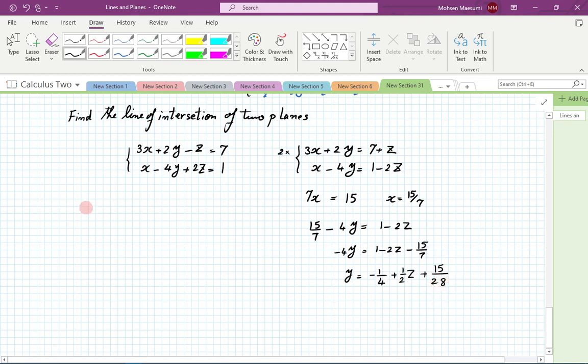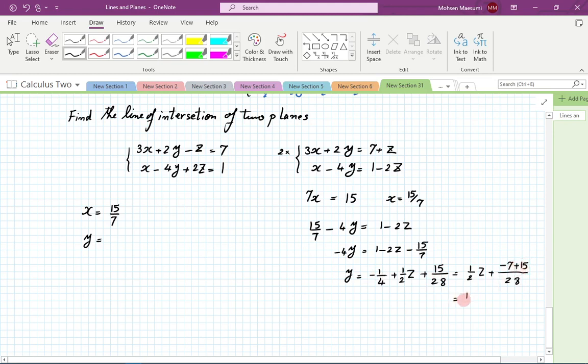So let's write our x, which turned out not to have any z's in it. Our y, let's clean this up. So I'll have 1/2 of z. Let's put this into a common denominator. I have 28, and then I have minus 7 and plus 15.